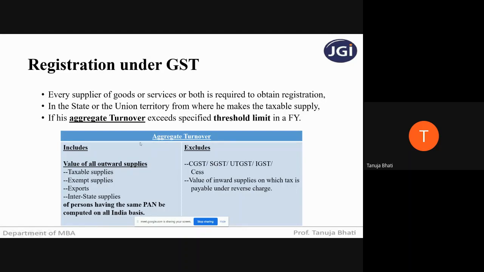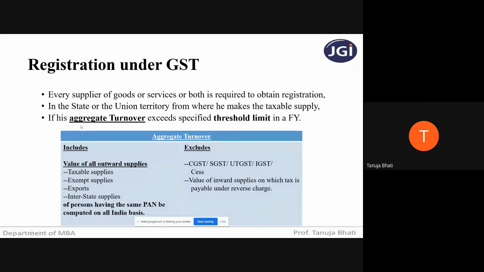So again I repeat, while calculating aggregate turnover, you have to see what it includes and excludes. Remember, you have to add all the value of outward supplies on all India basis, and you have to exclude the GST taxes that you're levying on that, and you have to exclude the value on which you're going to pay tax on reverse charge basis.